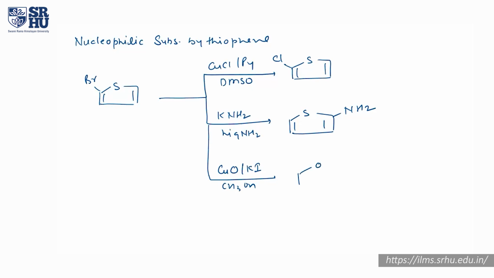So you will get an OCH3 group at the second position, and while performing substitution with copper cyanide and pyridine, we get substitution at the second position. So these were the nucleophilic substitutions given by thiophene.